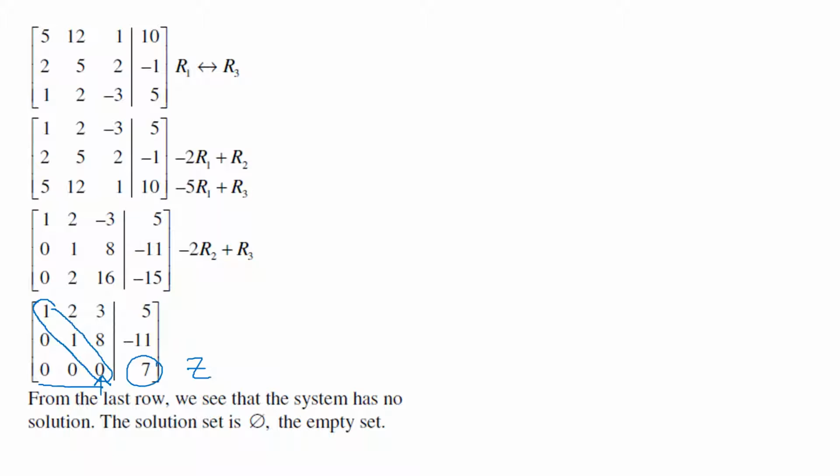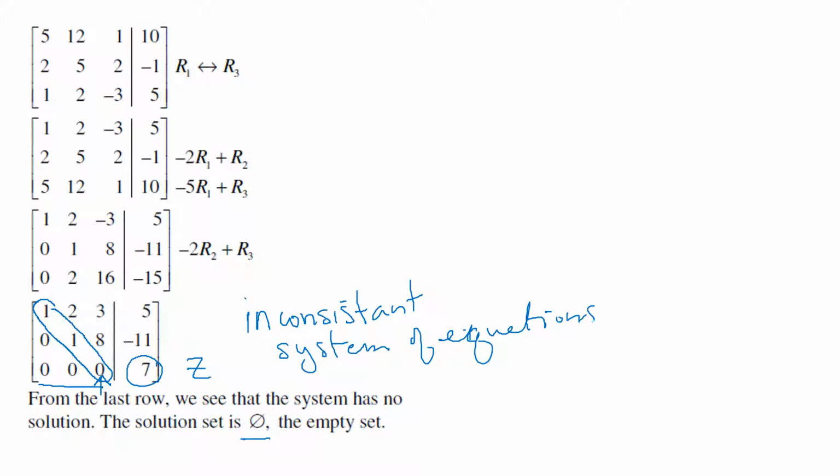So in this case, we're looking at a system that has no solution, and so the solution set is going to be void or an empty set. So this is an inconsistent system of equations in three variables, and there is no solution.